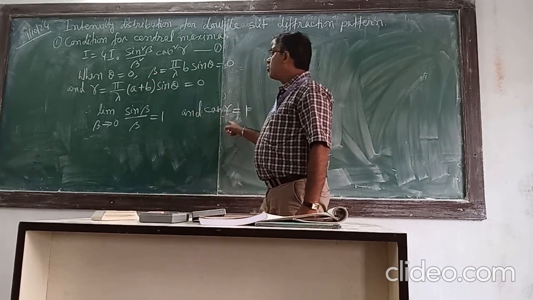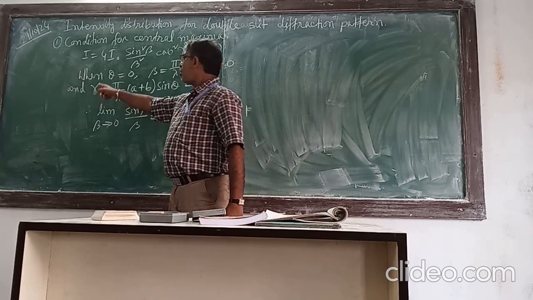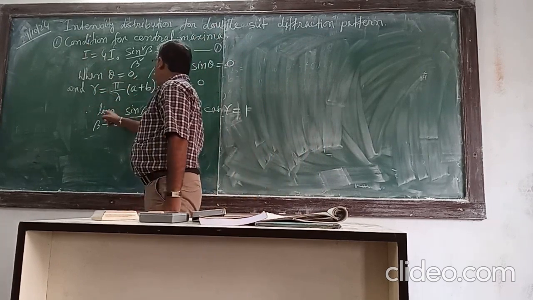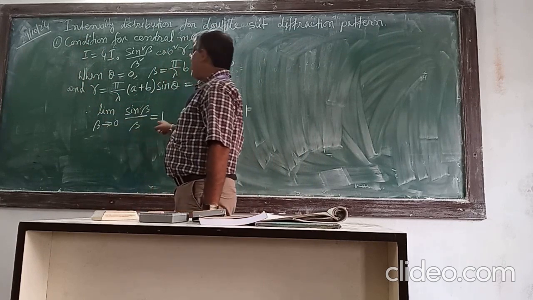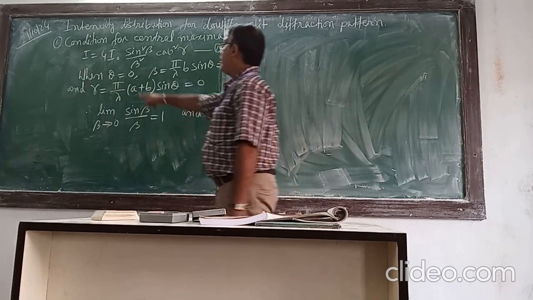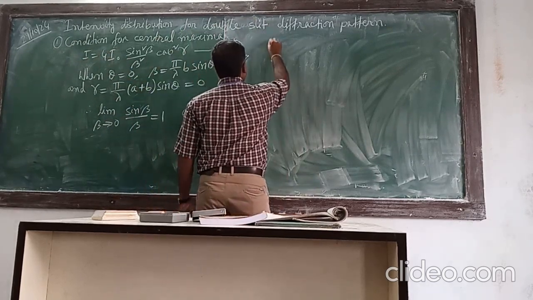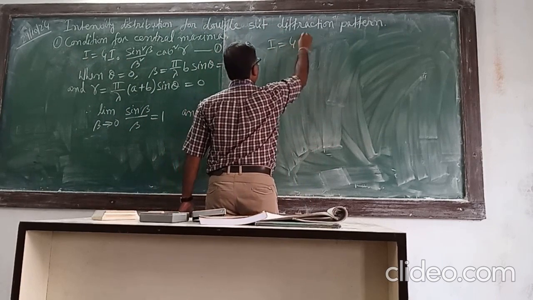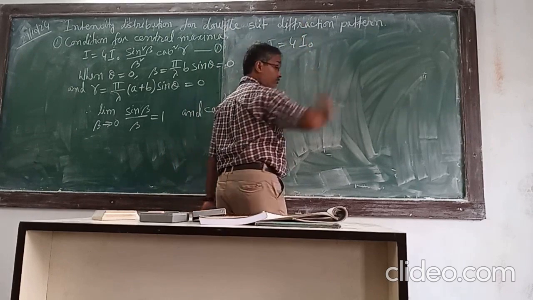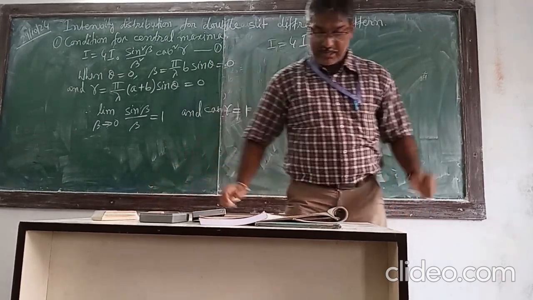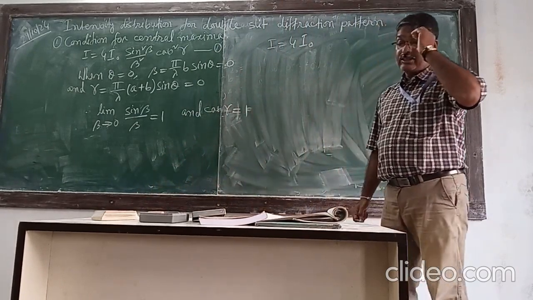When theta tends to 0, cos gamma is 1 and limit sin beta by beta equals 1. That means I equals 4I0. Intensity of the central maximum is I equals 4I0.